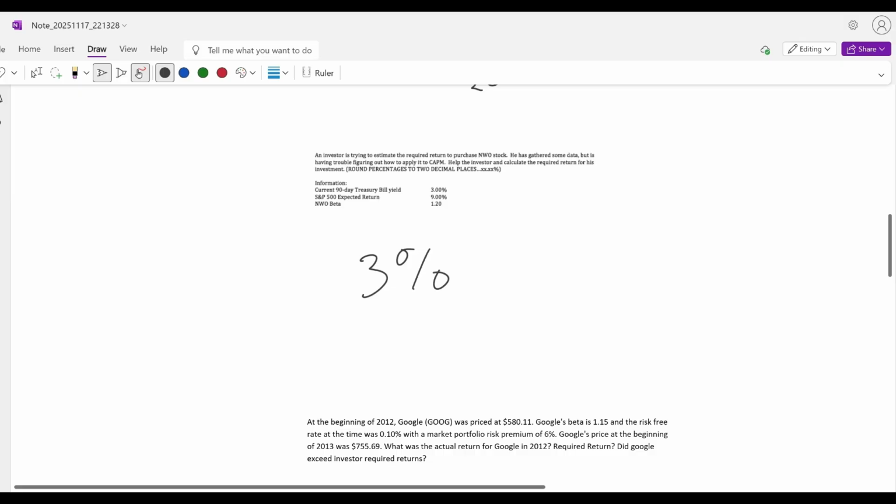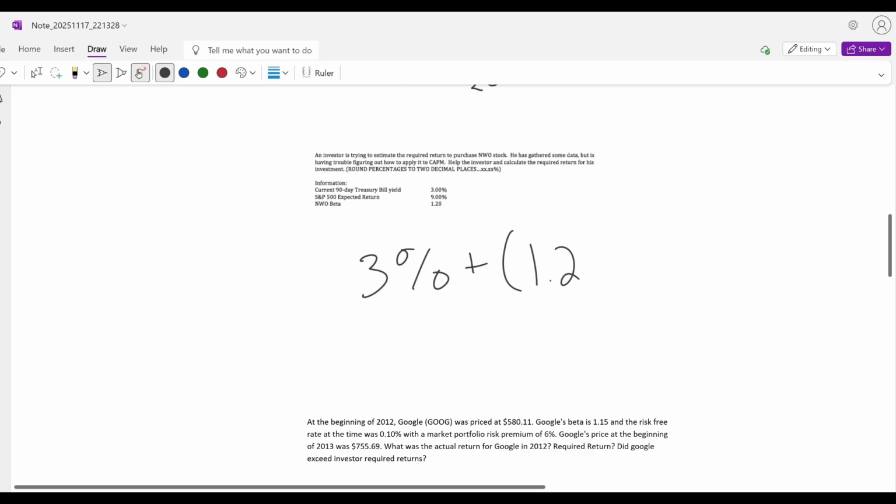And then you add on your beta, which is NWO beta 1.2. And like I mentioned earlier, the S&P 500 expected return is 9%. And so these are all measured against the S&P 500. Now, your market risk premium isn't 9% because that's the expected return of the market. Your market risk premium is everything you expect above the risk-free rate.